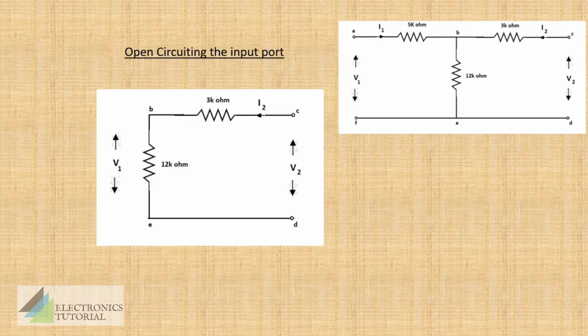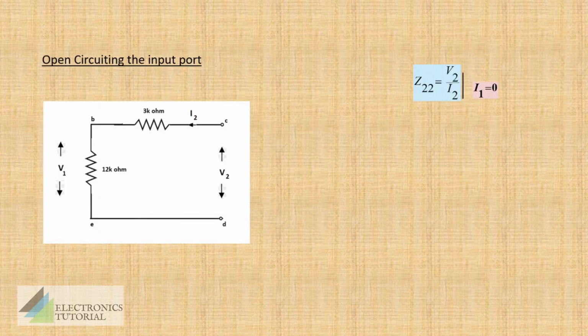We have already discussed the two Z values that we obtained during this stage, Z12 and Z22. We'll first pick the relation Z22 is equal to V2 by I2. Here, V2 and I2 are unknown terms, but still we can get the Z22 value. I'll explain it to you in detail.